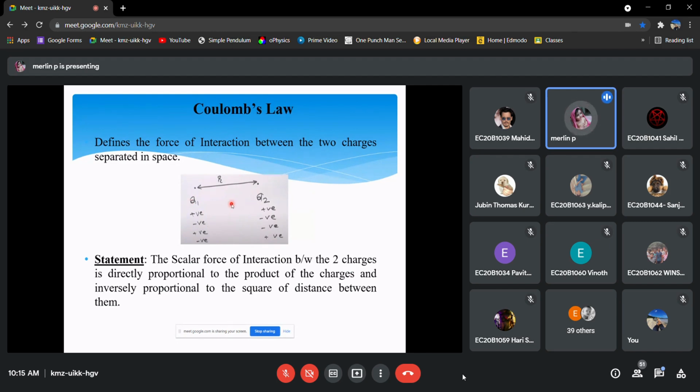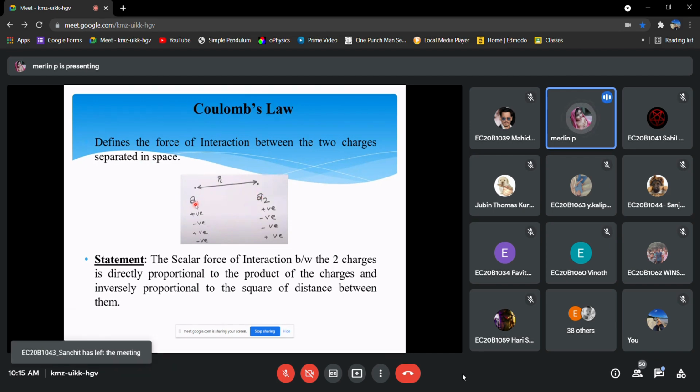That is the force of attraction as well as repulsion. The force of interaction is directly proportional to the product of the charges. If we multiply the two charges, the force is directly proportional to that product.